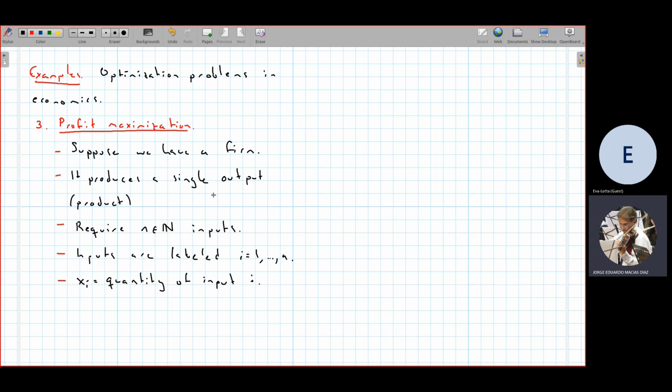So we have this company and they produce some product, and to produce it they require other inputs. We suppose that xi is the quantity of input number i, and y is the amount of output.